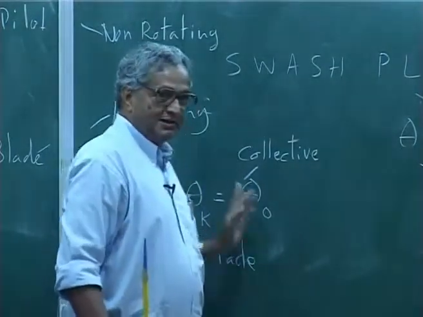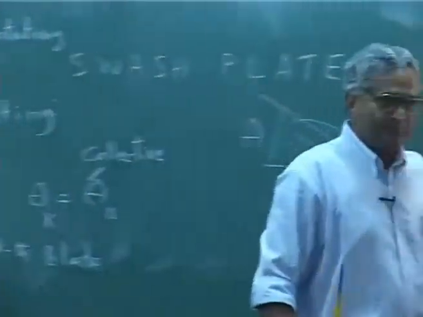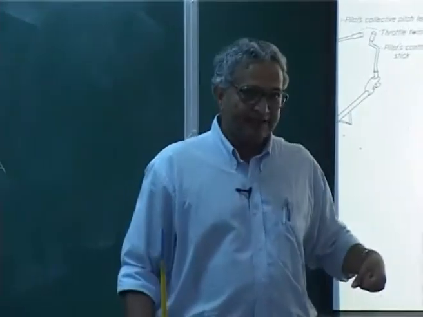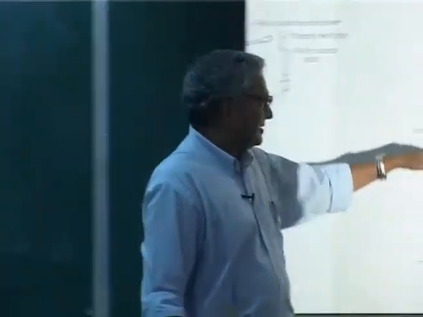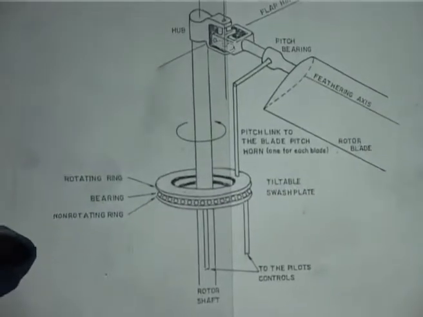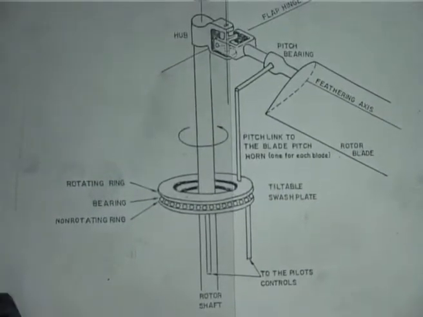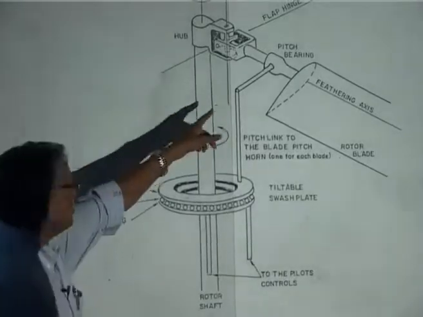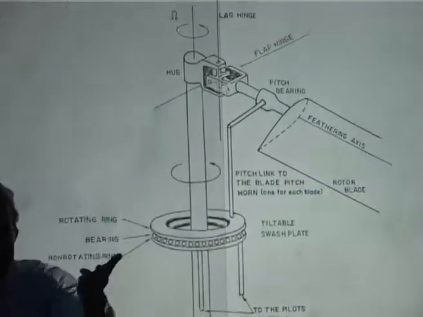Collective pitch input the pilot gives, which means he moves the stick up, because his collective lever is up. This lever, this swash plate will go nicely up or down, depending on where this control rod is, in front or back.